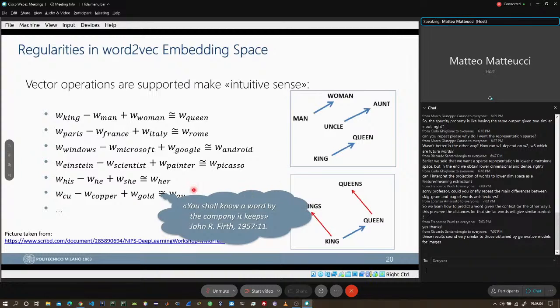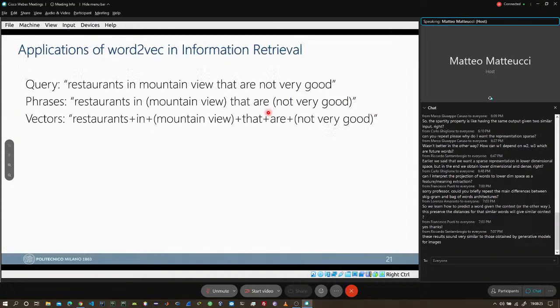But when you think about word embedding, think about the context, because the key is the context, the regularities in the context, and these regularities represent the specific word by a vector in the space.